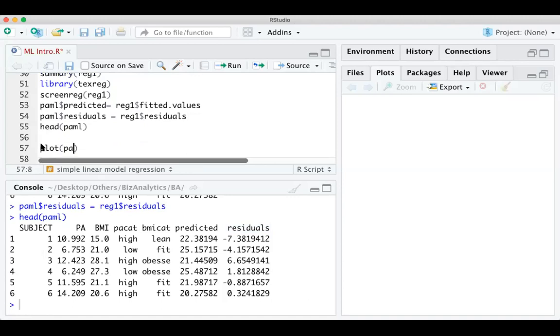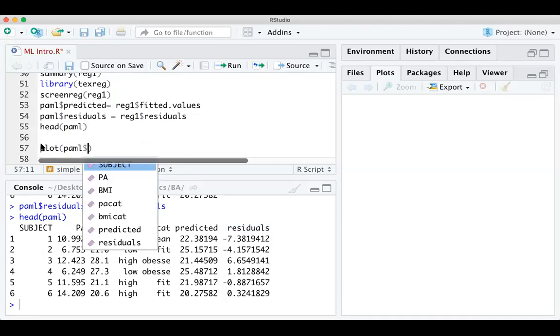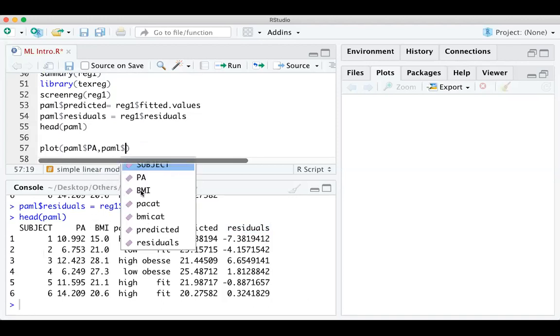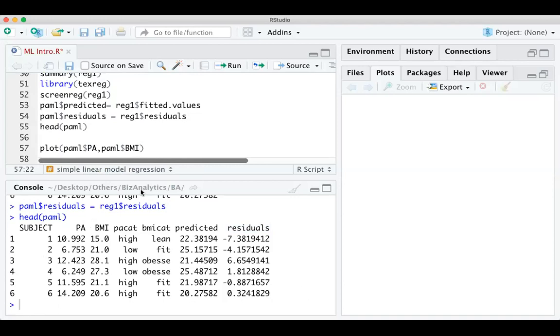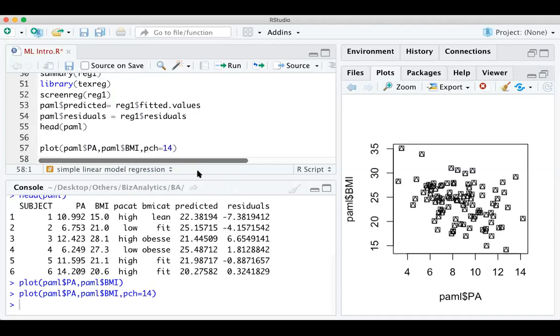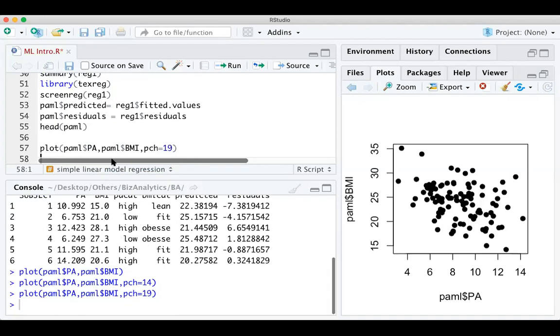So I can say PAML dollar PA, that is the x variable, PAML dollar y variable. Okay, so this will fetch you this one, right? This we already saw. If you want to make pch equal to 14, you can make 14. Okay, no, 14 doesn't look good. I'll make it 19. Okay, and this we have already seen.